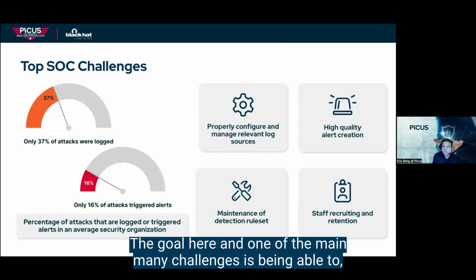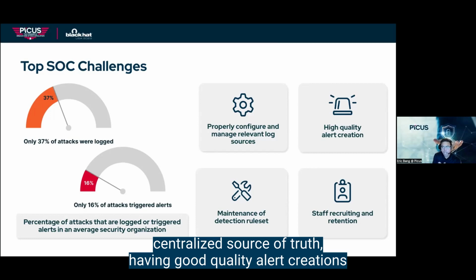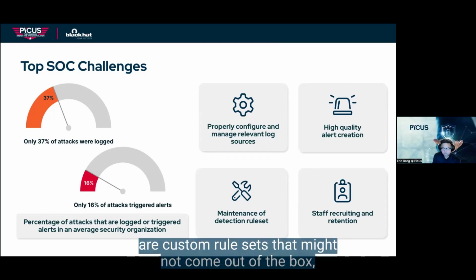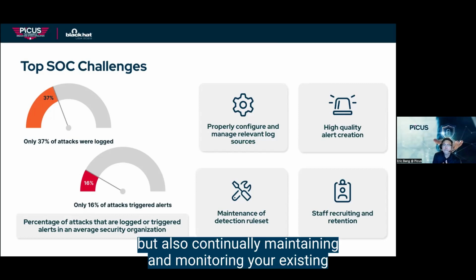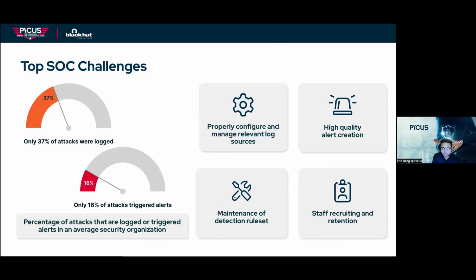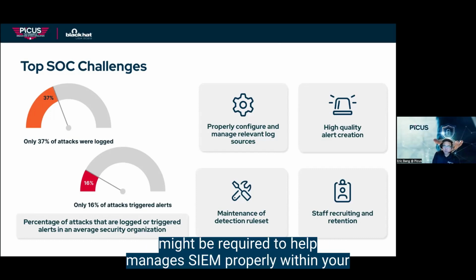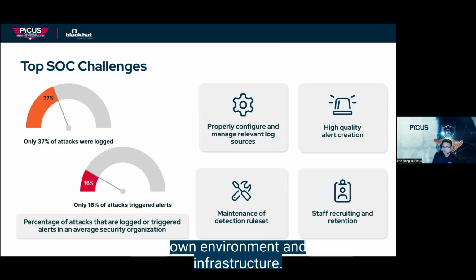The goal here, and one of the many challenges, is being able to properly configure the right event sources to that centralized source of truth, having good quality alert creations or custom rule sets that might not come out of the box, but also continually maintaining and monitoring your existing detection rule sets to improve performance over time. With that, there's a limitation of staff and resources that might be required to manage this SIEM properly within your own environment and infrastructure.